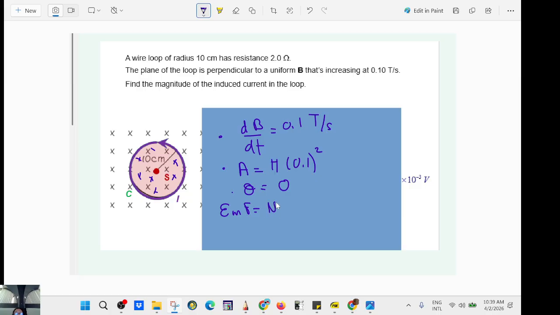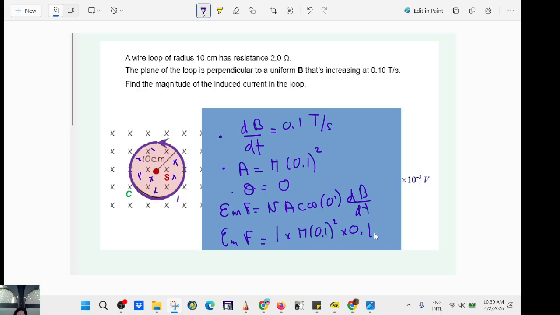It's going to be the number of loops. The area does not change. The angle does not change. It's going to be dB over dt. So the number of loops is 1, times the area, times 0.1.